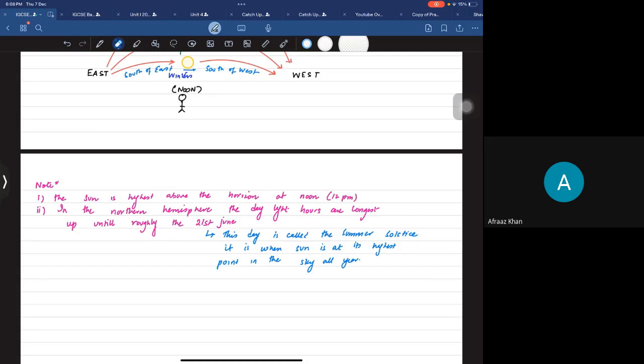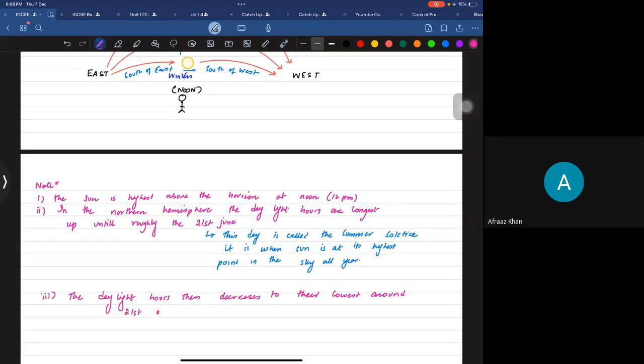And then you guys need to remember that the daylight hours then decrease to their lowest around 21st of December.